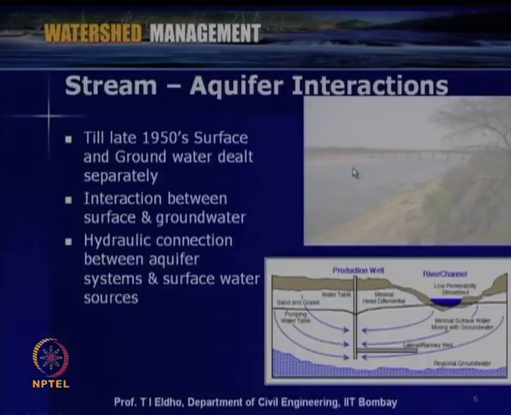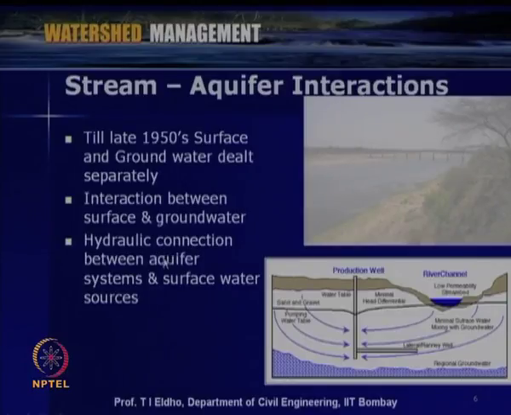Similarly, in summer, when the river level goes down, water comes from the nearby aquifer systems to the river. So there is constant interaction between surface water and groundwater, and we cannot separate them and do a study; we have to see their interactions.